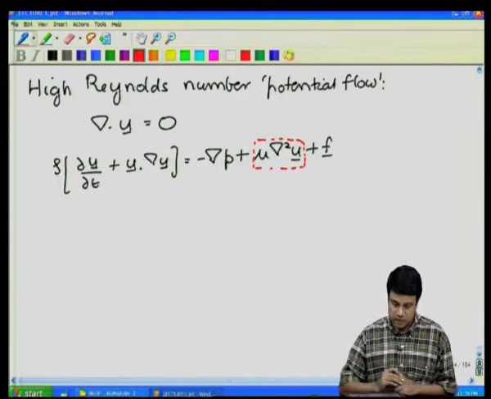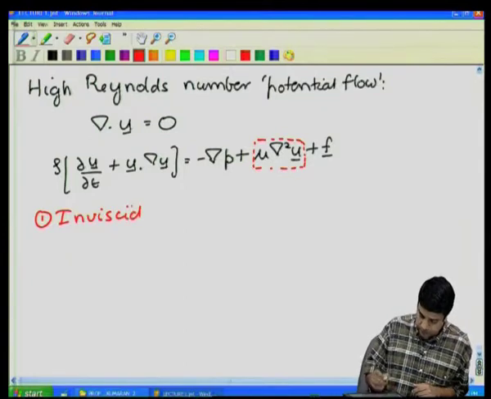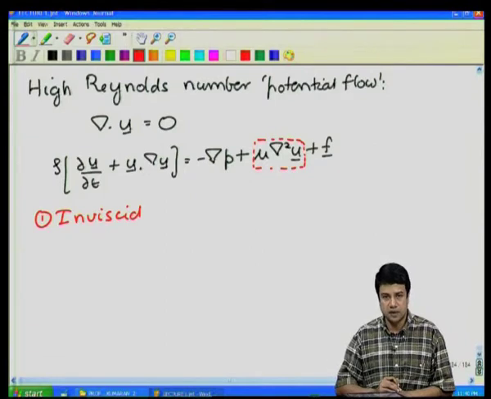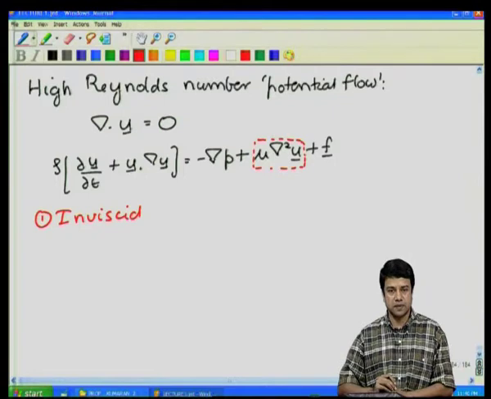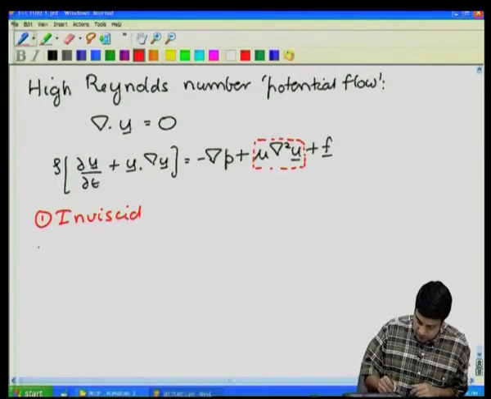That is one approximation, inviscid. That is, the flow is inviscid, the viscous term is negligible, and therefore, I can neglect it in the momentum conservation equation.